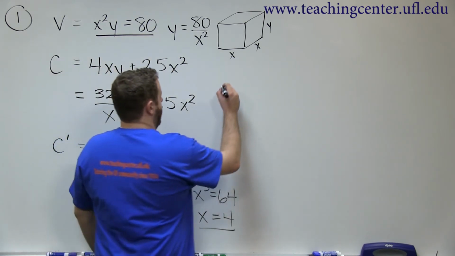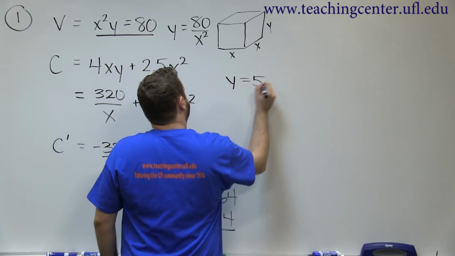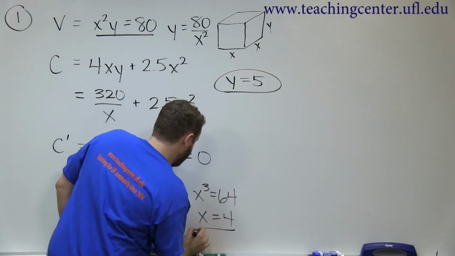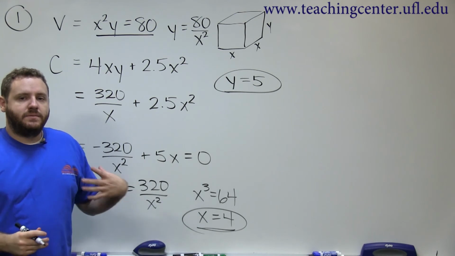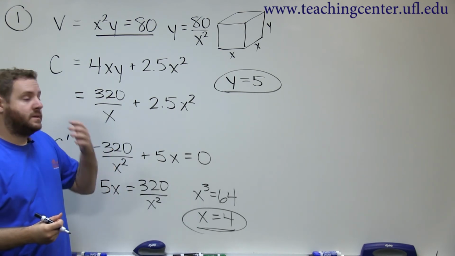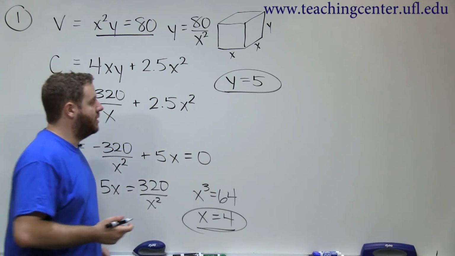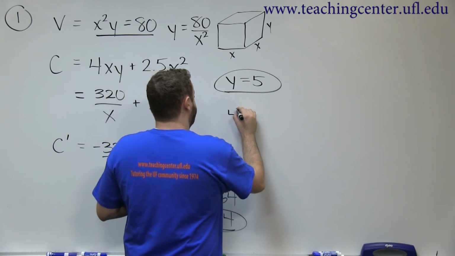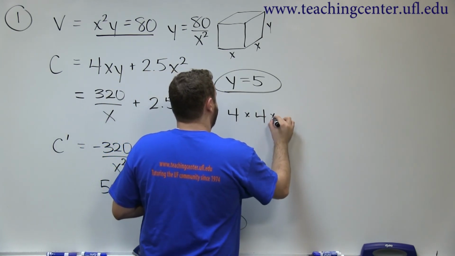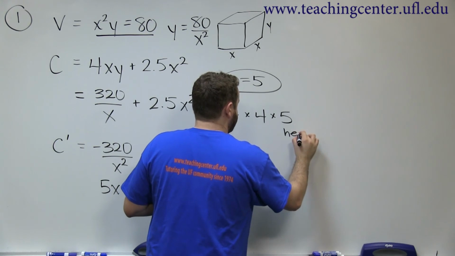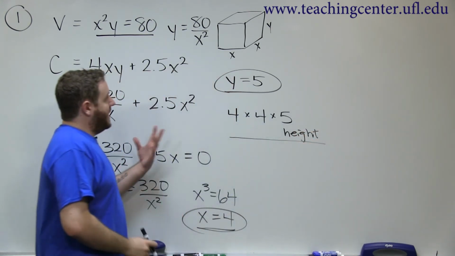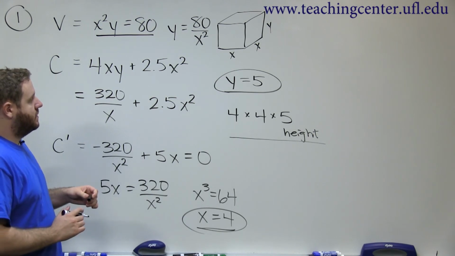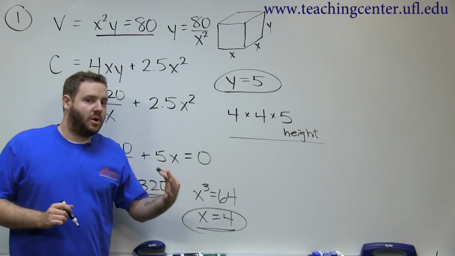So that means that y has to be 5. Therefore, if x is 4 and y is 5, the size of our box that makes the cost the smallest is 4 by 4 by 5, where 5 is the height. That shape box gives us a volume of 80 with the lowest cost.